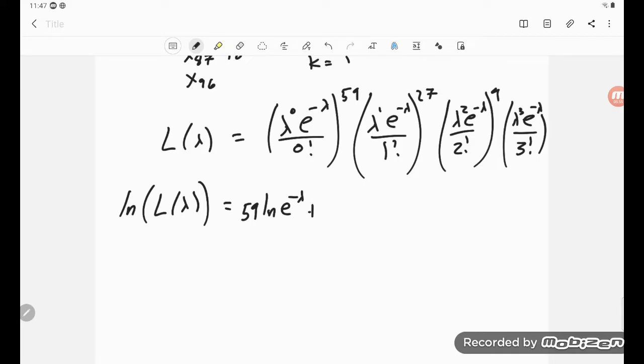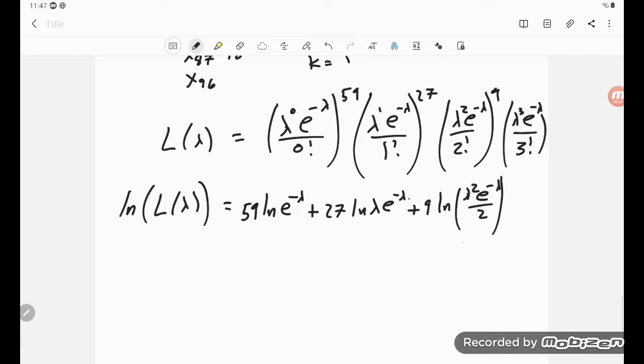And then I'll have a plus 27 natural log of lambda e to the negative lambda. And then a plus 9 natural log of lambda squared e to the negative lambda over 2.